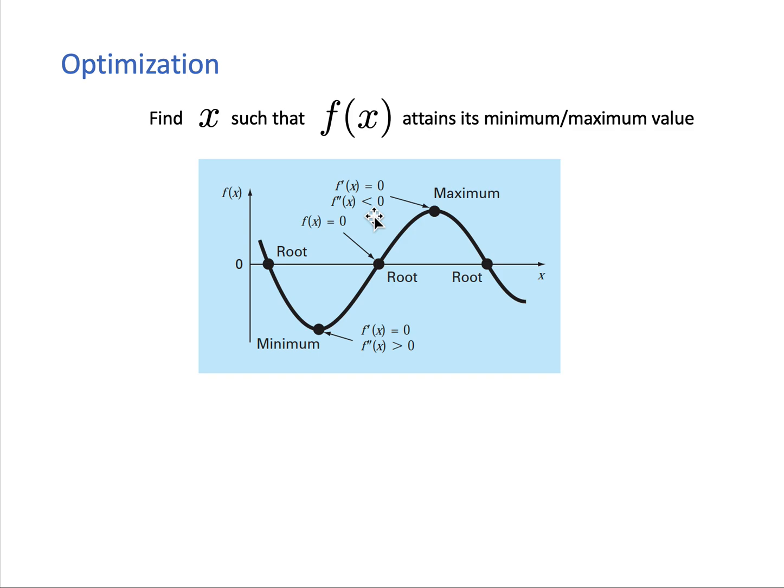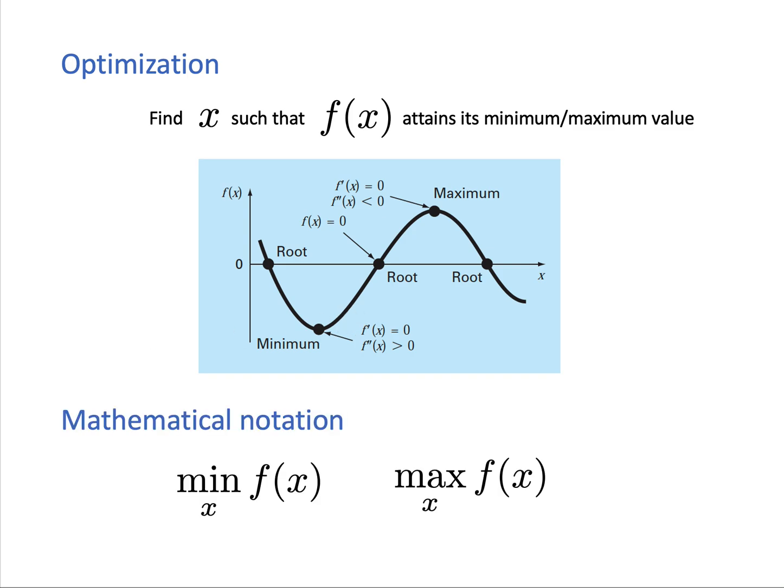If the second derivative is negative, that means that the parabola is pointing down, and this is going to be a maximum at this point. If the second derivative is positive, then this parabola is pointing up at this point, and in this case the extremum is a minimum.